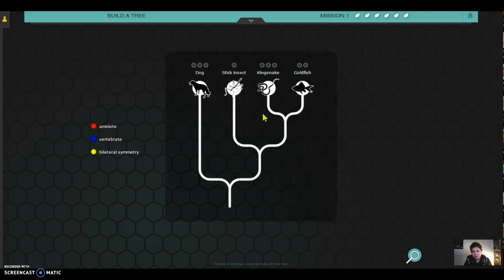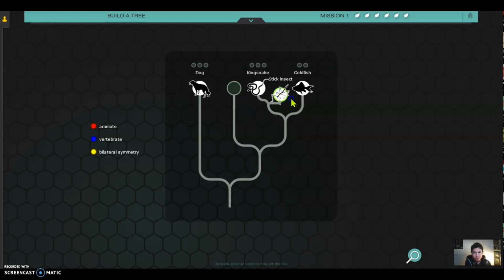It could be that this stick insect has a lot of traits, but only one of them is shared with these other organisms. I know I said that a lot, but it's important that you understand that. That's the main idea here, the big umbrella concept of this whole game challenge virtual lab.